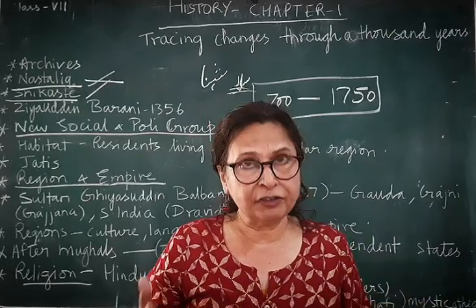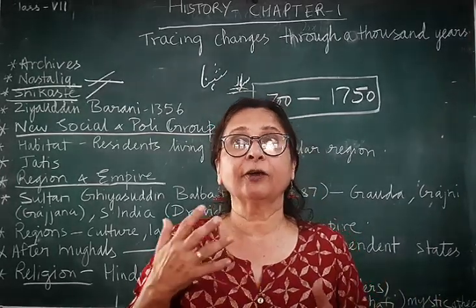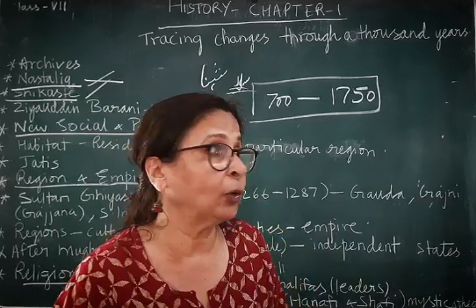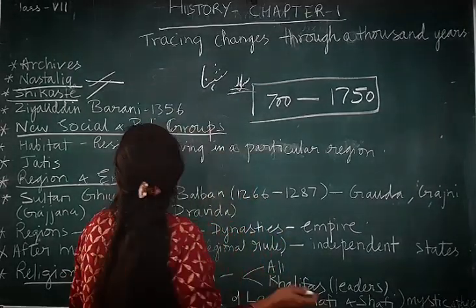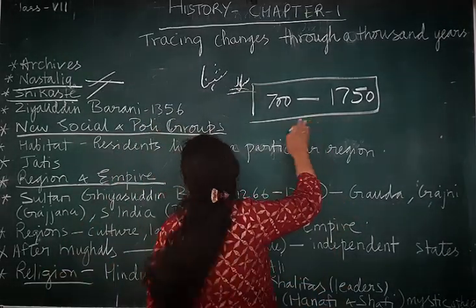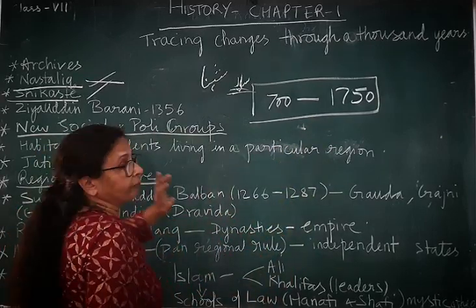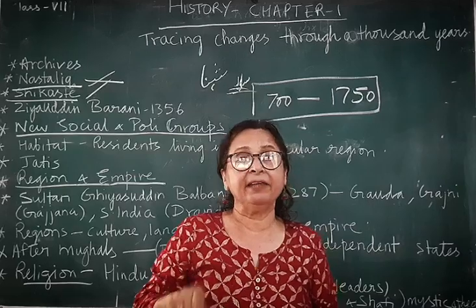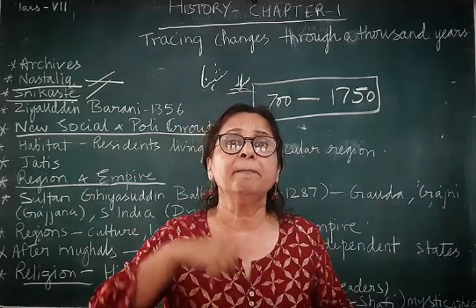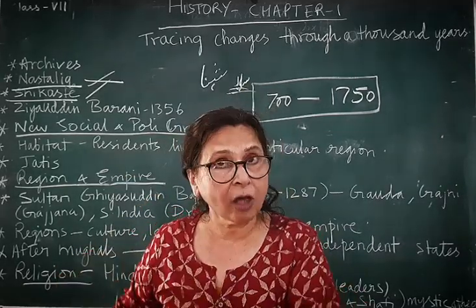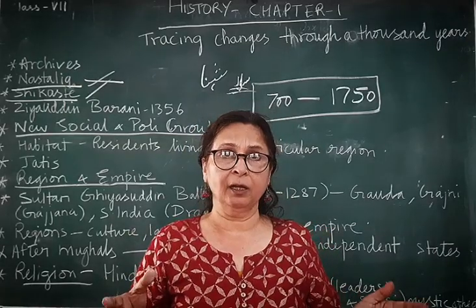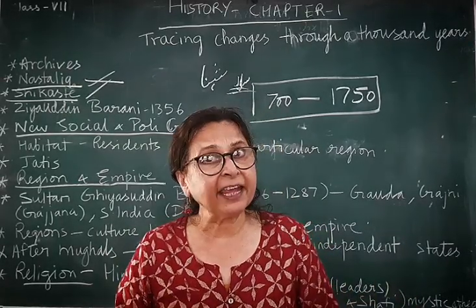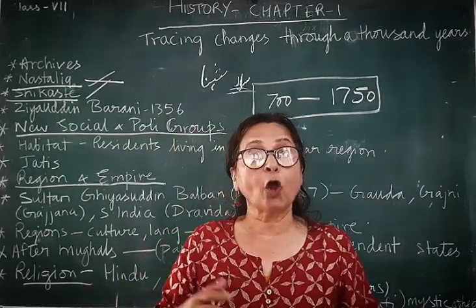And there was a change in technology. So let us look at the changes that took place. The spinning wheel began to be used in the medieval period to weave cloth. Then the Persian wheel was used for irrigation. Then there were crops.